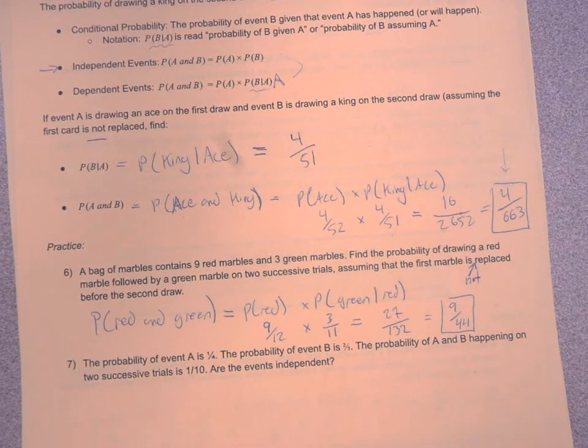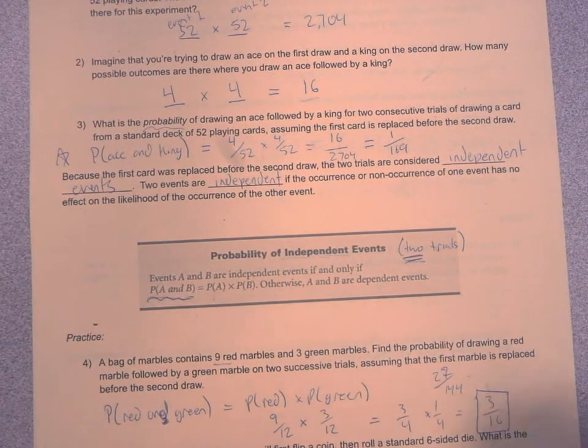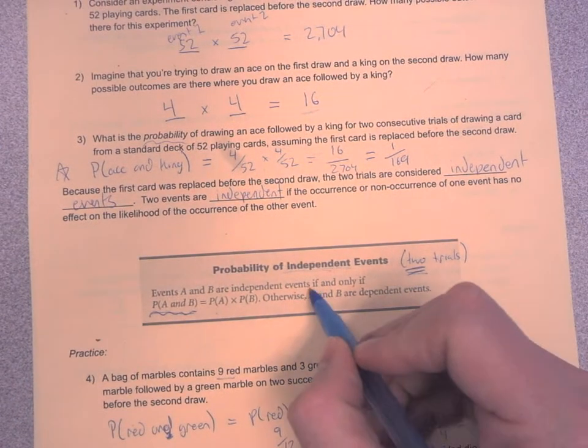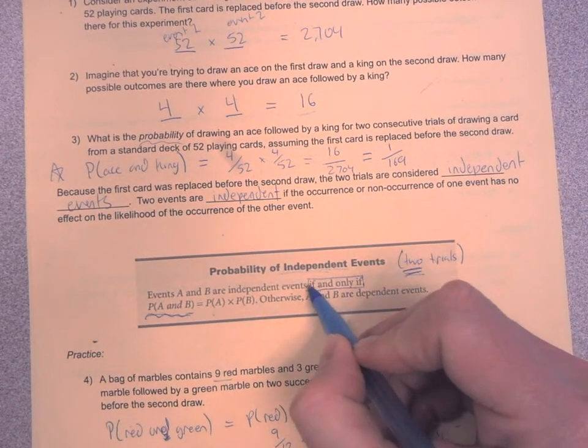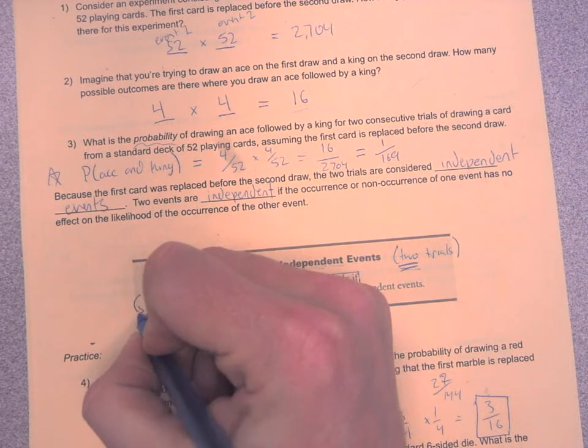Okay, one other kind of question that we can talk about when we talk about independent and dependent is how can you determine if events are independent or dependent? So let's go back to this from the front page again, and you'll notice that this says if and only if. Okay, what that means is that this statement actually goes both ways. So you can think of it like this.